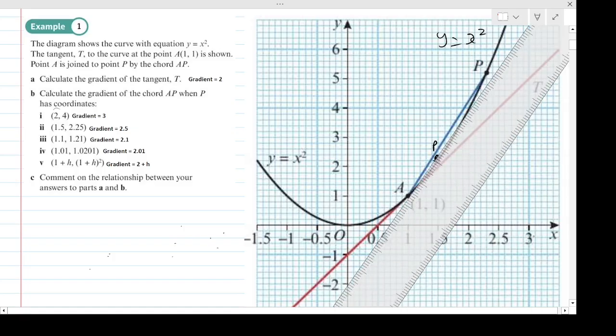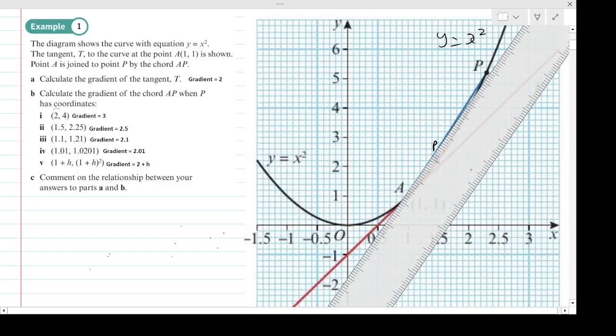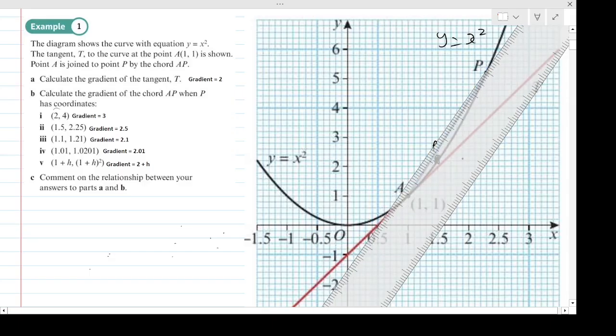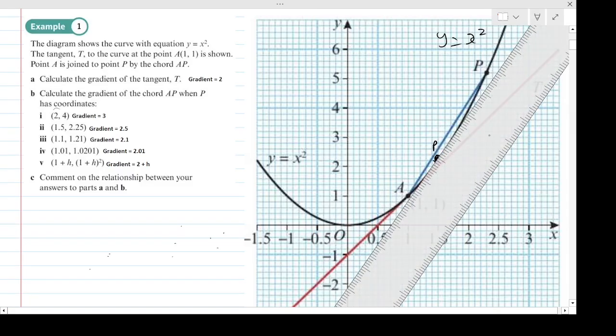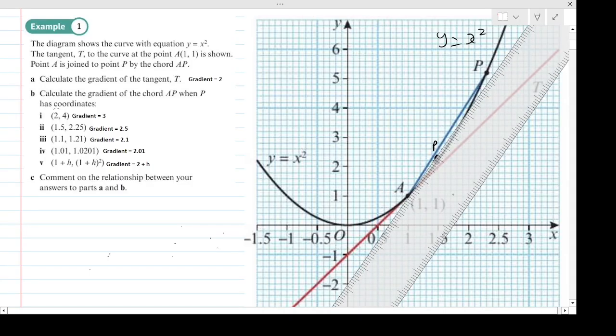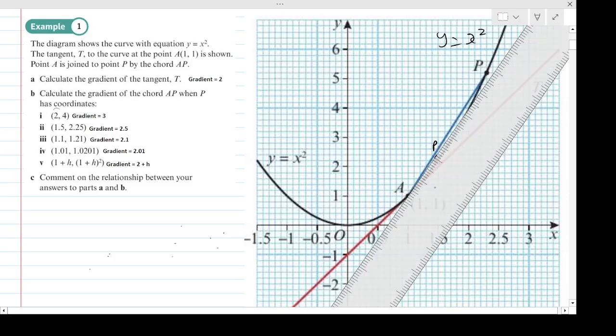Now what happens is, this was the original blue line, with the original point P at 2. Now when P has moved to 1.5 instead, getting closer to A, the line is going to be a bit different and the gradient is going to shift a little bit.